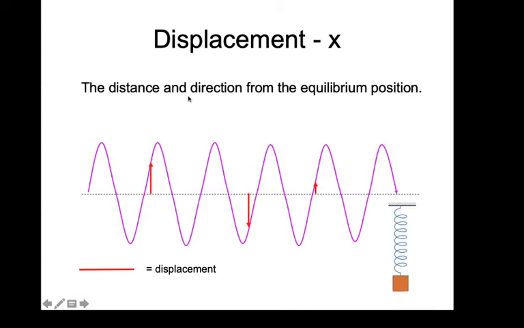Alright, so displacement x is always measured from the equilibrium, or rest position. This dotted line down the middle of this sinusoidal graph is our equilibrium position, and displacement would be positive above and negative below, but it's always measured, that red arrow, from our equilibrium position.